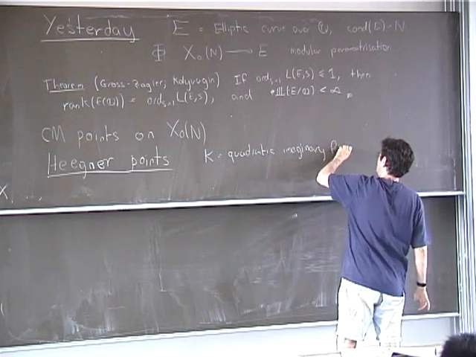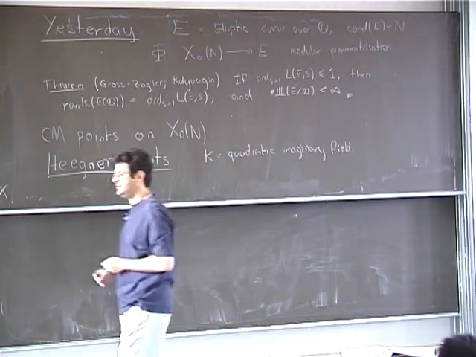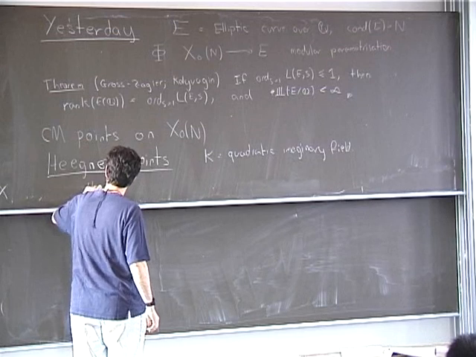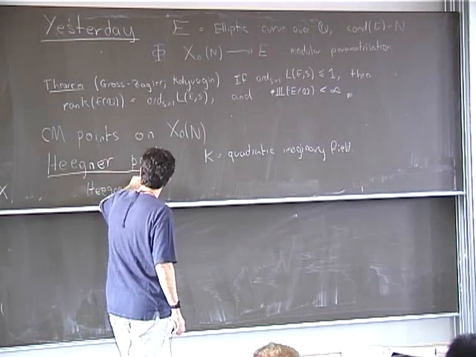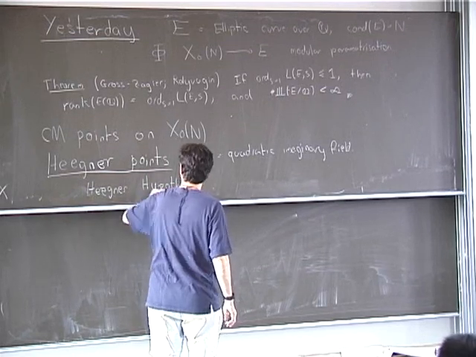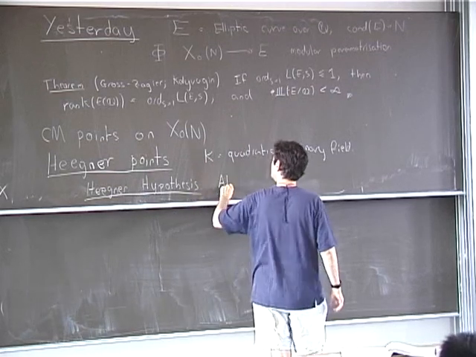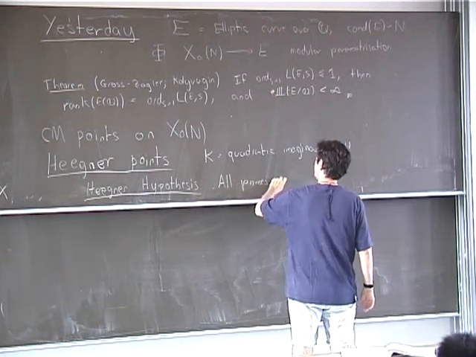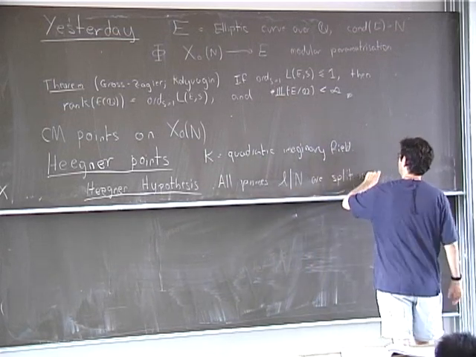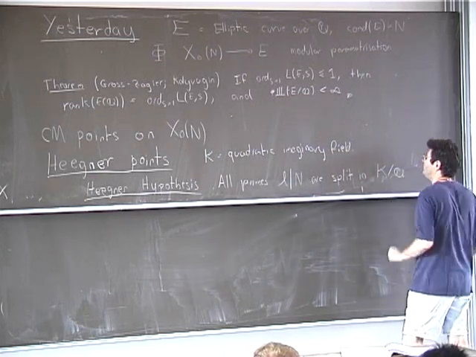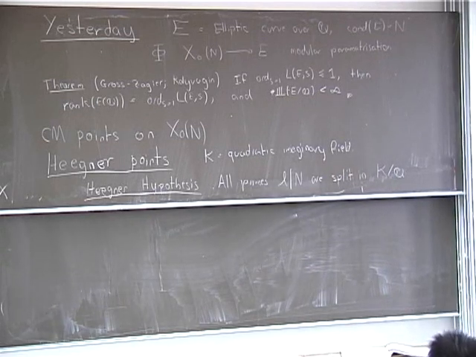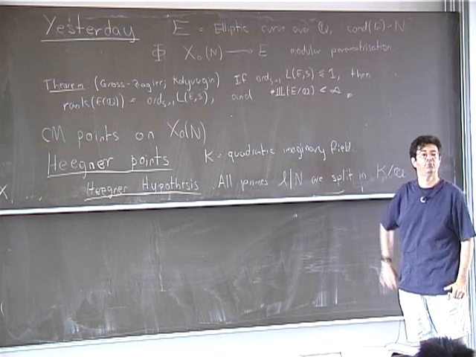And I'm going to make the following hypothesis, what's sometimes called the Heegner hypothesis, which is that all primes l dividing the conductor are split in this quadratic extension K over Q. Meaning that, in particular, they're not ramified, so they don't divide the discriminant, and the discriminant of K is a square modulo all these primes, if you want.